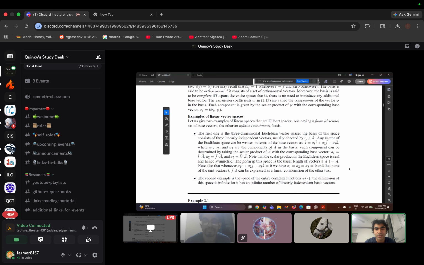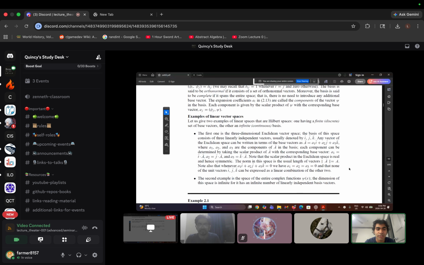Any vector of the Euclidean space can be rewritten in terms of the base vectors as a equals a1 i plus a2 j plus a3 k, where a1, a2, a3 are the components of a in the basis. Each component can be determined by taking the scalar product of a with the corresponding base vector: a1 equals i dot a, a2 equals j dot a, and so on.